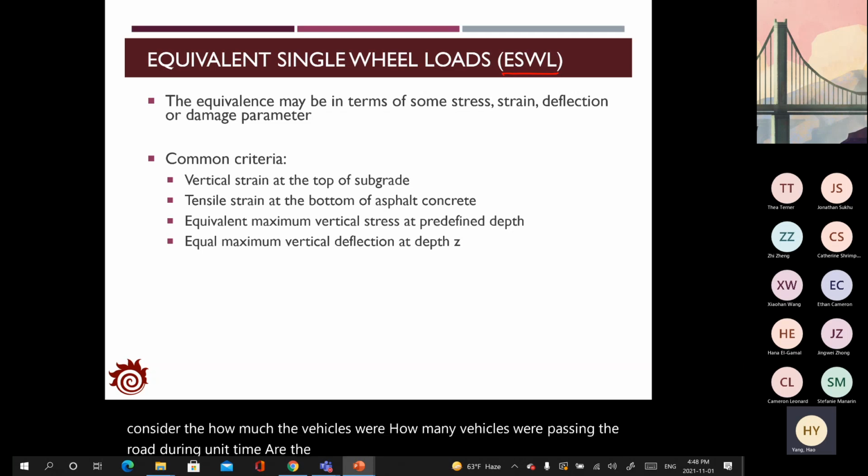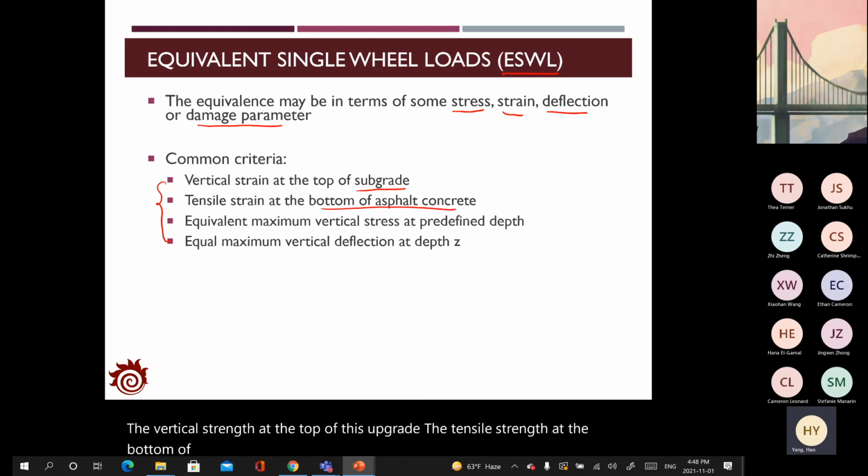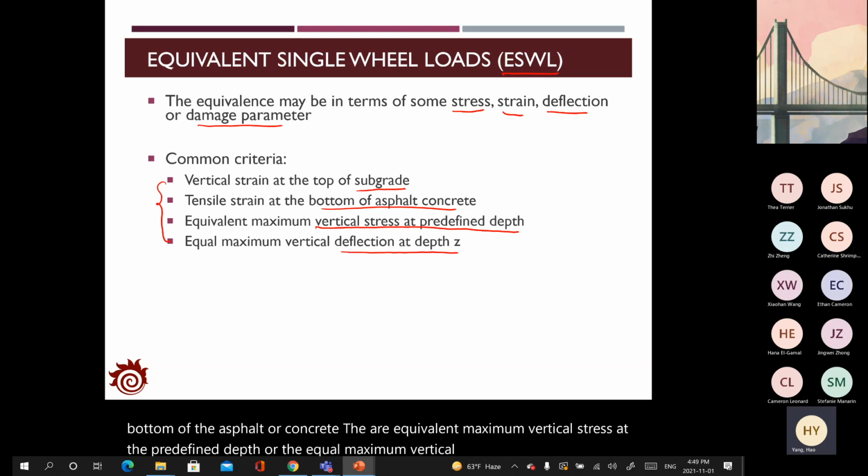For the estimation, we need to consider different types of equivalencies. We can consider equivalency with respect to the stress, strain, or deflections, or the damage parameters. Generally, there are four types of criteria we could apply to identify the equivalency: the vertical strain at the top of the subgrade, the tensile strain at the bottom of the asphalt concrete, the equal maximum vertical stress at predefined depths, or the equal maximum vertical deflection at certain depths.